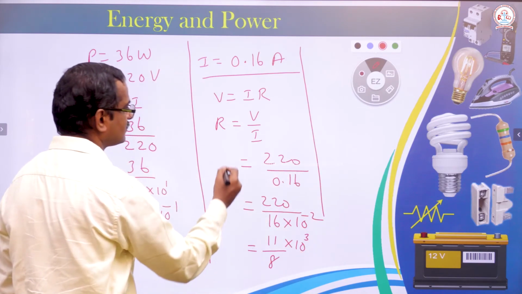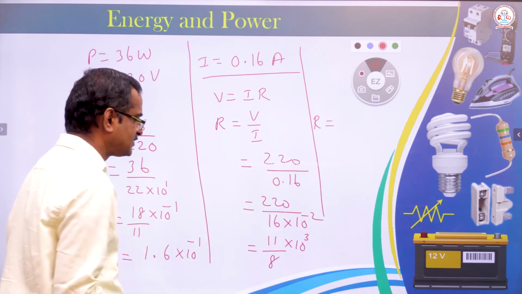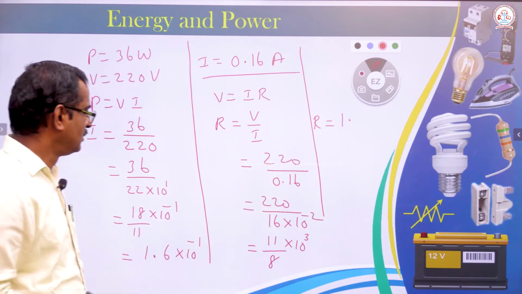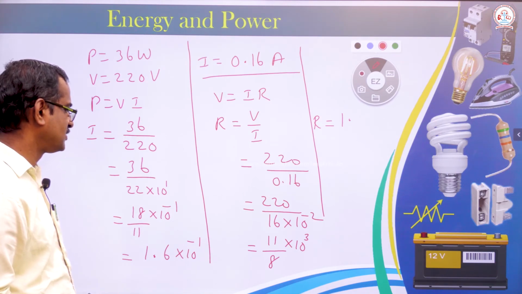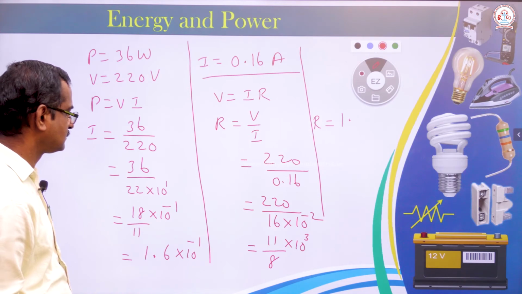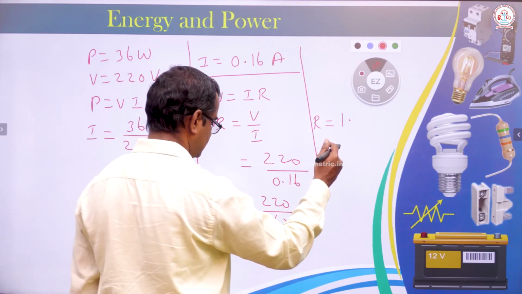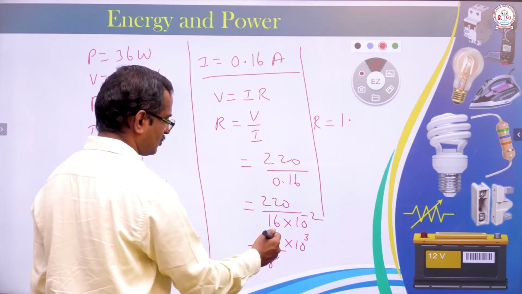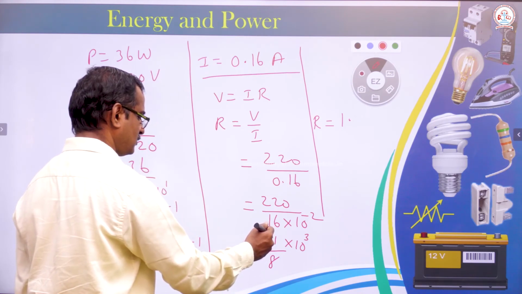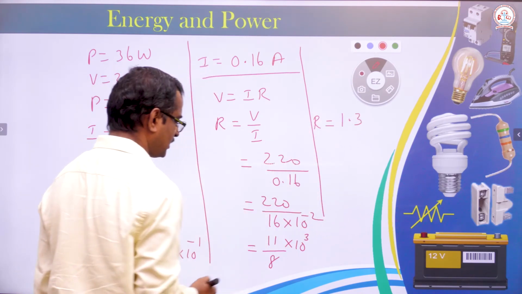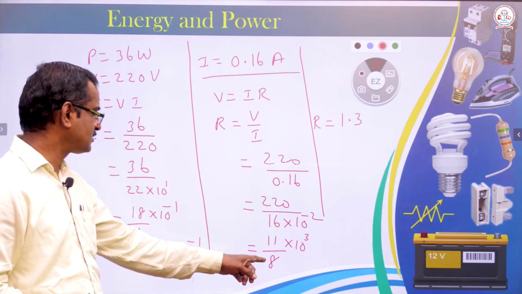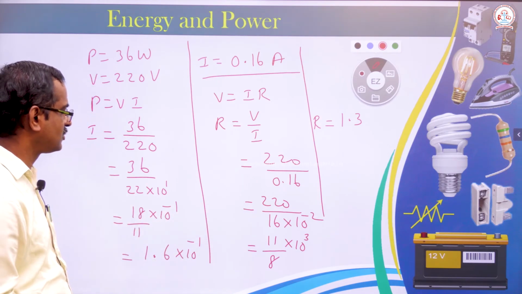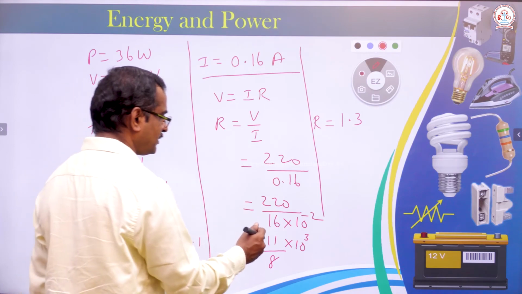Then the resistance of the bulb is equal to 11 by 8, which is approximately 1.3 into 10 power 3, so it's 1.3.